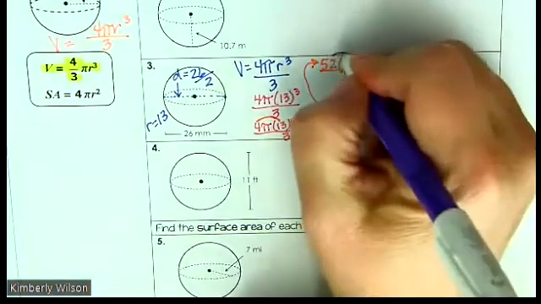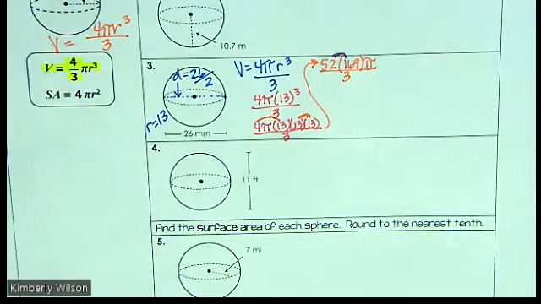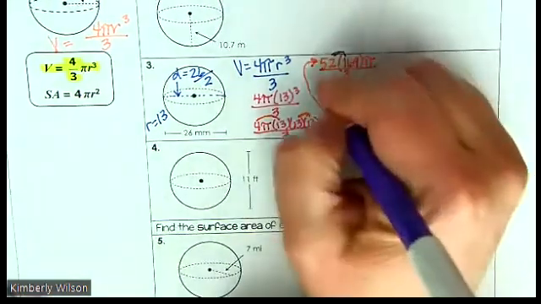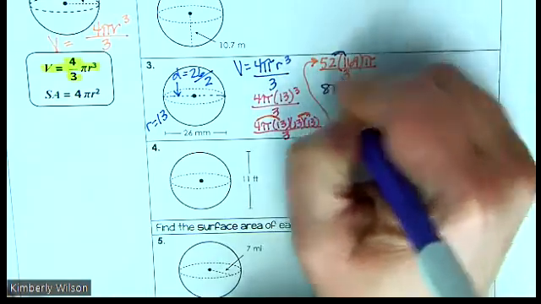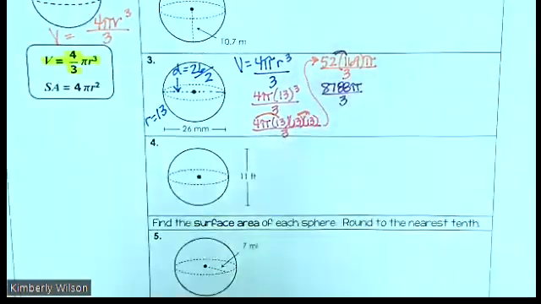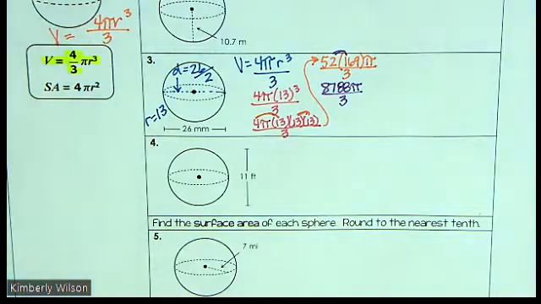And now I multiply these two. So we get 8788 pi, all divided by 3. I'm going to just see, is this divisible by 3? No.